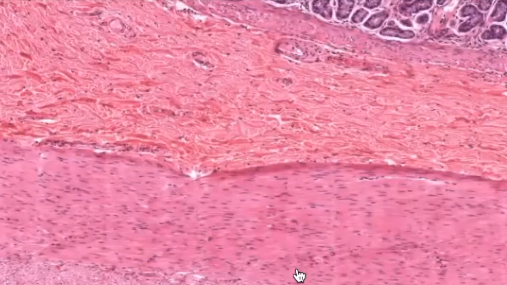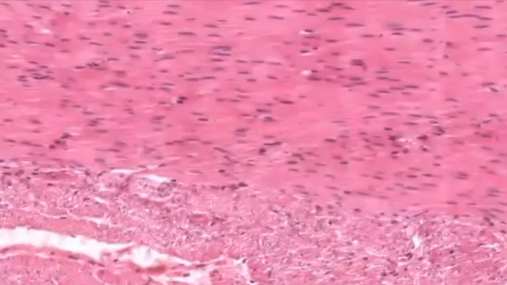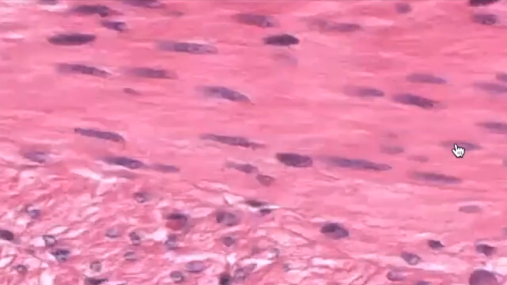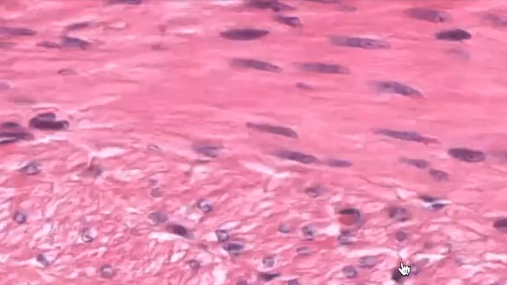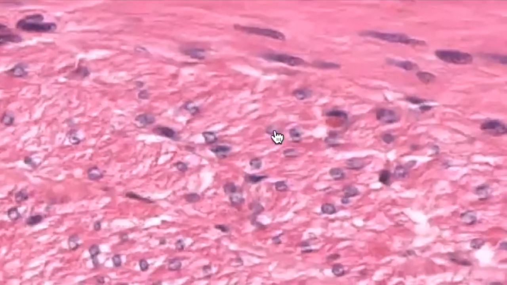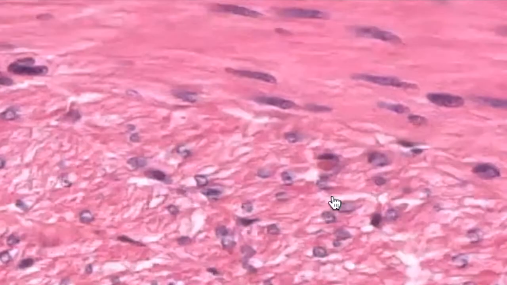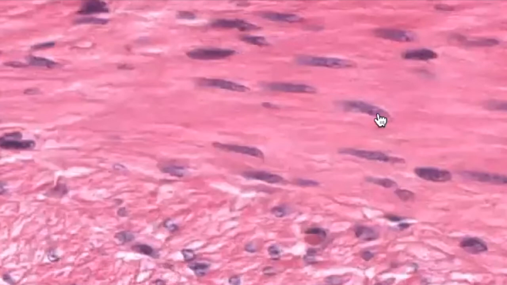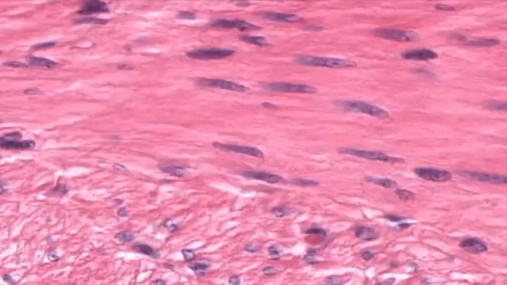The internal. And then you also want to be able to differentiate, see the transition from this orientation, and then the cross sections of the external layer over here, right? Where you can see this is the nuclei. You'll see a cross section of the nuclei, all right? Whereas this is the longitudinal view.